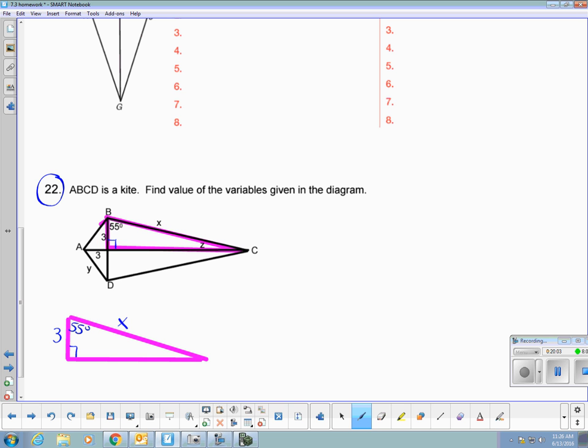And because I'm trying to find the hypotenuse of the triangle and I know the side that is adjacent to the 55-degree angle, adjacent and hypotenuse uses the trig function cosine. And cosine is adjacent divided by the hypotenuse. So the adjacent side is 3 divided by the hypotenuse, which is x.